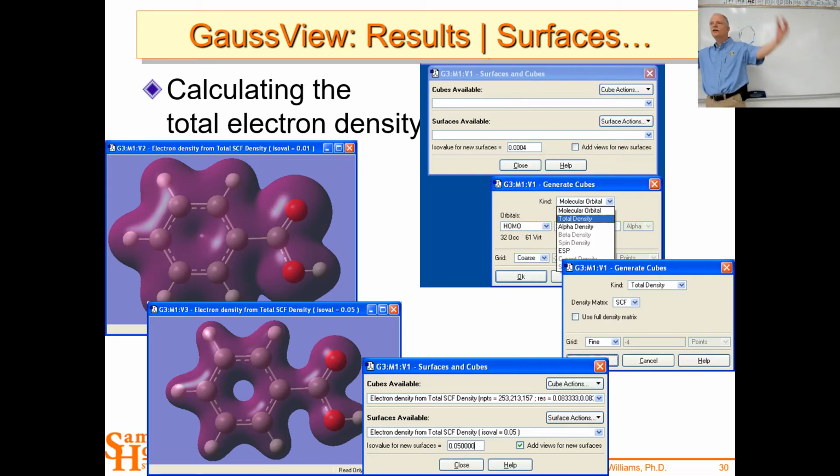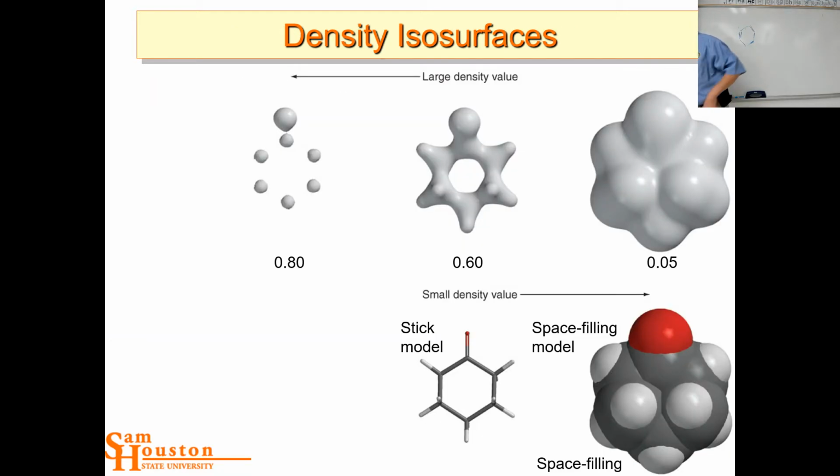So 95% of the electron density is inside that surface. If you go down to 0.8, so 80% is inside there. So 80% of the electrons are that close to the nuclei. Then you go to 60%. Oh, let's see what we're doing. No, it's 1 minus that. So 20% of the electrons are there. 40% of the electrons are there. 95% of the electrons are inside there.